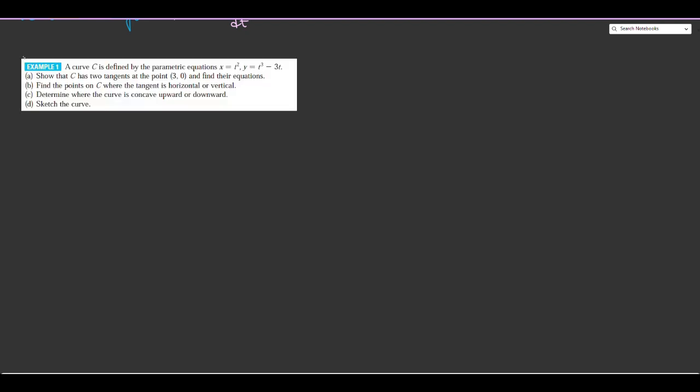Okay, so let us do one of the problems. This question is given to us, and we want to find the equation of the tangent lines. x equals t square and y equals t to the power 3 minus 3t.